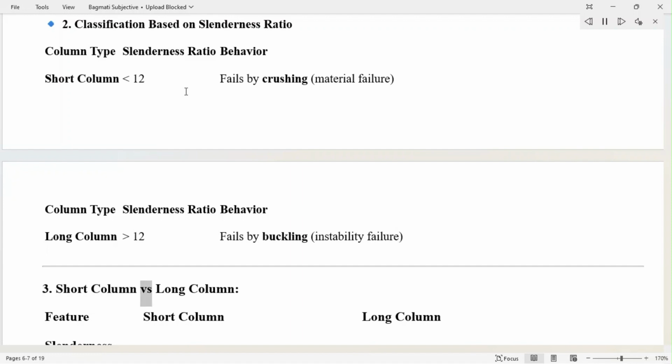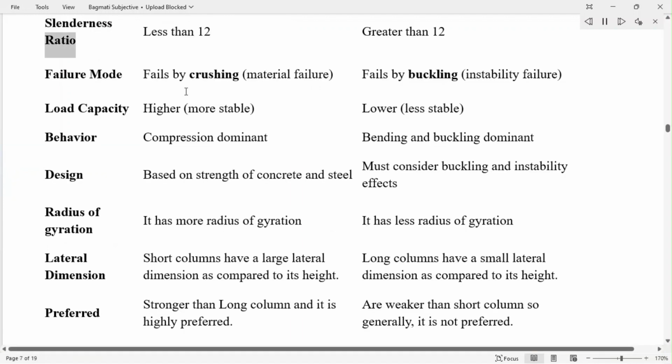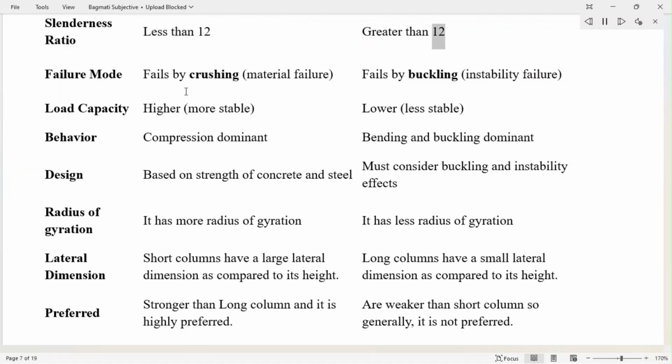3. Short column versus long column. Feature: short column, long column. Slenderness ratio: less than 12, greater than 12. Failure mode: fails by crushing, a material failure; fails by buckling, an instability failure.